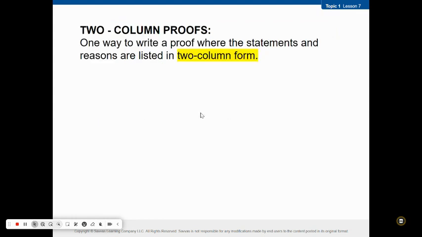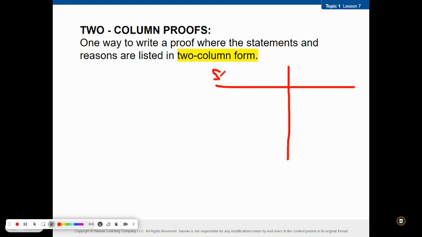This is your meat and potatoes: two-column proofs. Now, a two-column proof is one way to write a proof where the statements and the reasons are listed in two-column form. When we're talking two-column form, we are talking about having something like this.